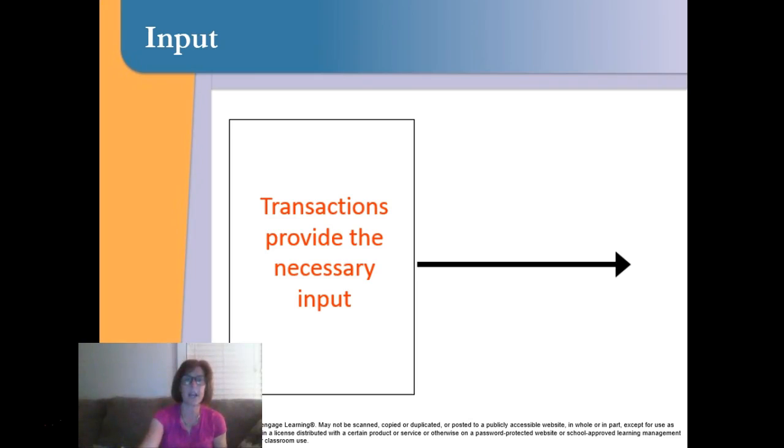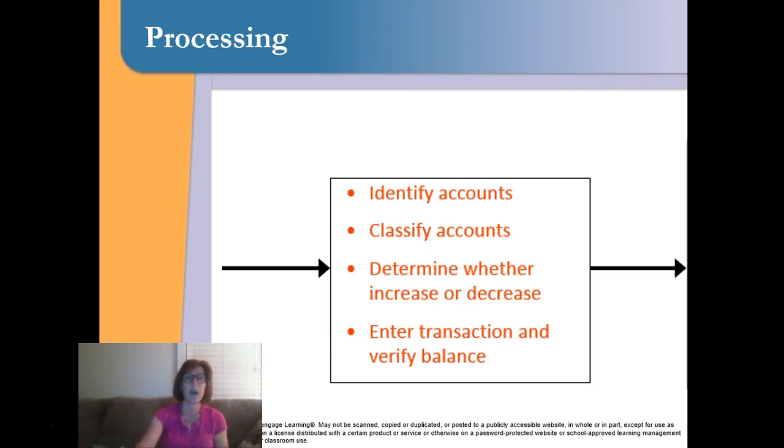Those are all the transactions. That's the input. The process is then how we categorize those transactions into usable format. We basically translate the transactions into accounting language that becomes something that is understandable by anybody who understands accounting.